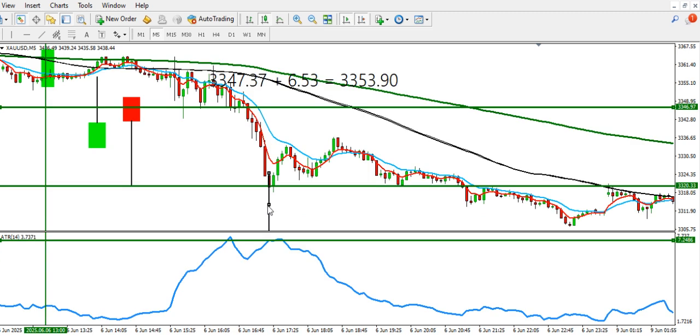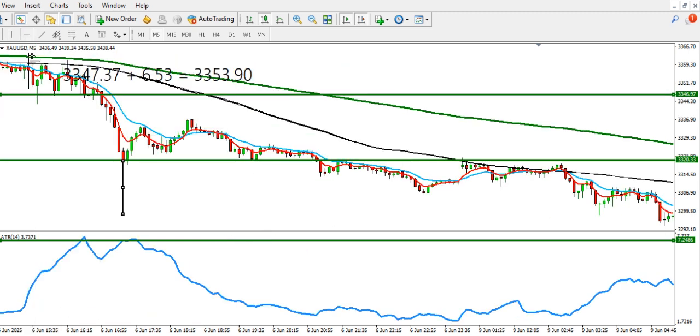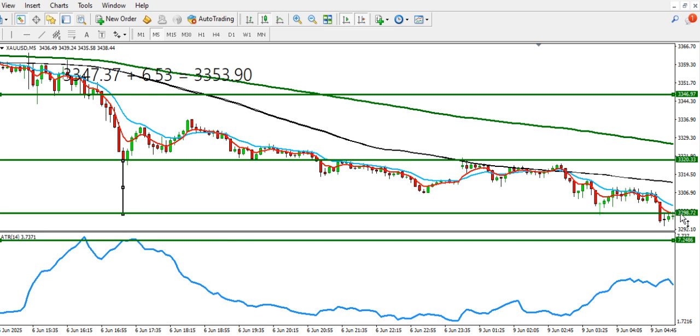Okay, this is where it is. From the entry downwards, our take profit will be around that point. This will be our take profit, 3298. Although price went up, it didn't get to the stop loss area. Rather, price started dipping and it came to the take profit.